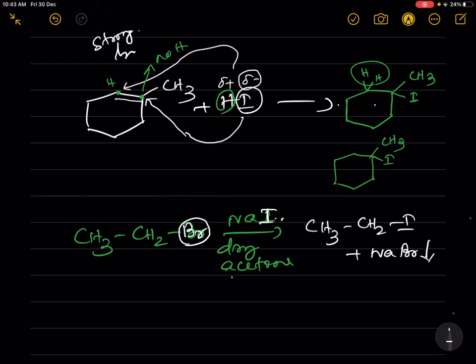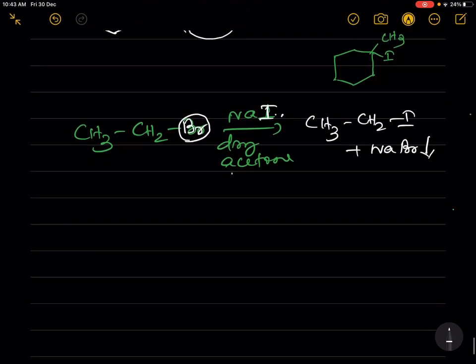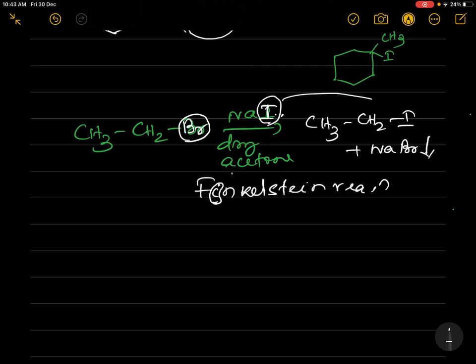This is your Finkelstein reaction. Here iodine is there, here iodine is there, and this iodine is substituting or exchanging this bromine.